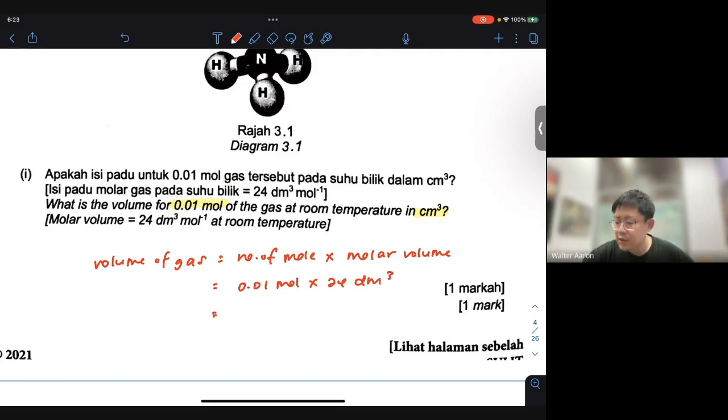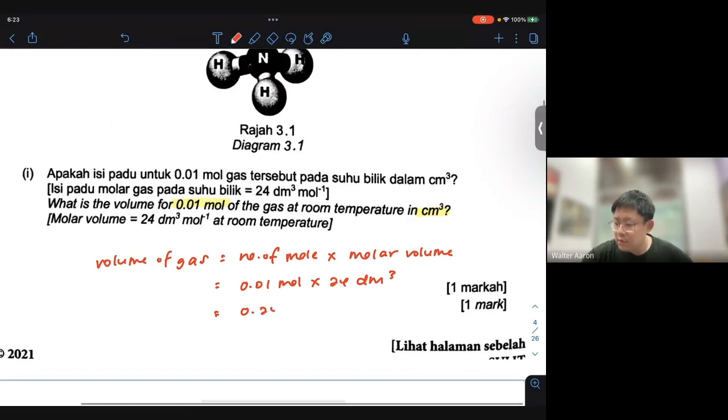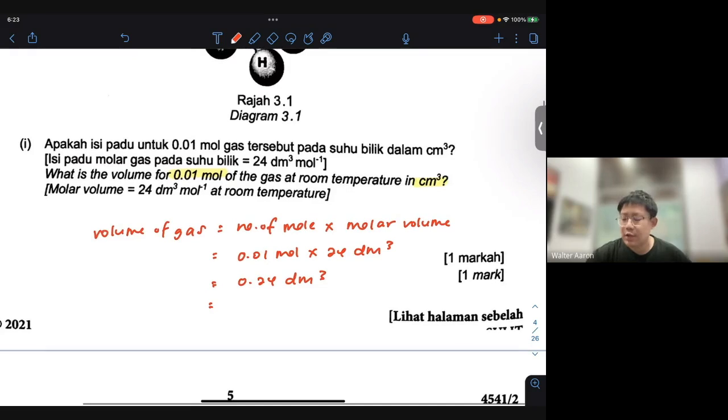Then you should be able to get 0.24 decimeter cube. And if you want to get it in cm cube from dm cube, it will be multiplied by 1000. So 0.24 multiplied by 1000 will be 240 cm cube. So that's your final answer in cm cube.